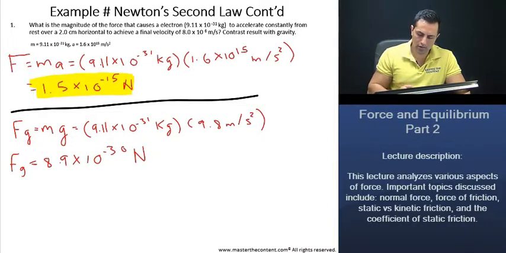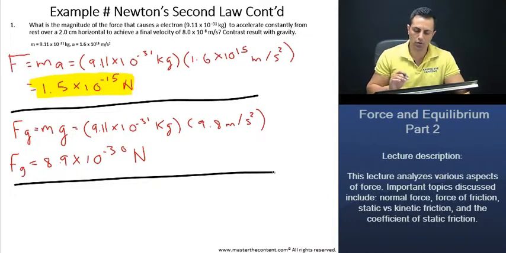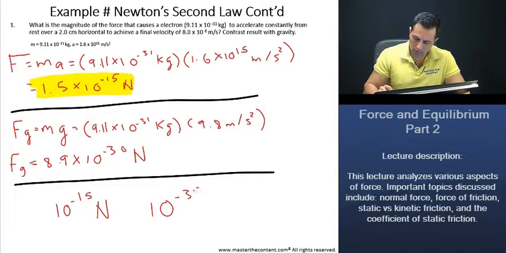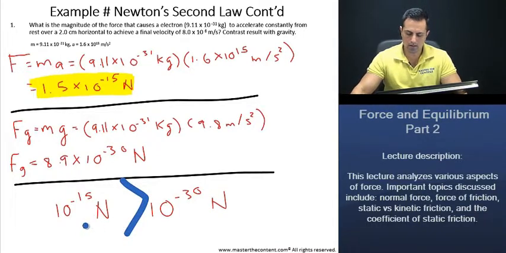Now let's go ahead and contrast our two orders of magnitude. The force that caused our electron to accelerate was on the order of 10 to the power of negative 15 newtons, and the force of gravity is 10 to the power of negative 30 newtons. Now we see here that the force that caused the electron to accelerate is a lot larger than the force of gravity.